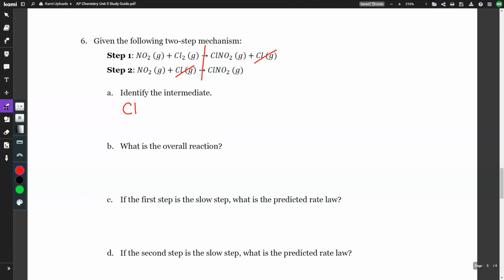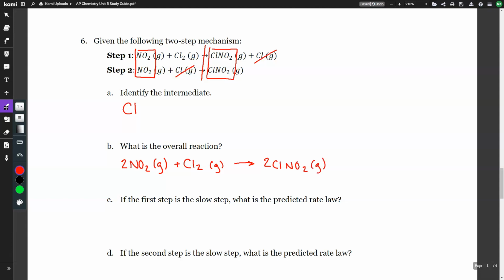So our overall reaction will be NO2, and we have 2 of them here. So it'll be 2NO2, and then Cl2, and that's going to produce, we have 2 of these, so it'll be 2ClNO2 gas.